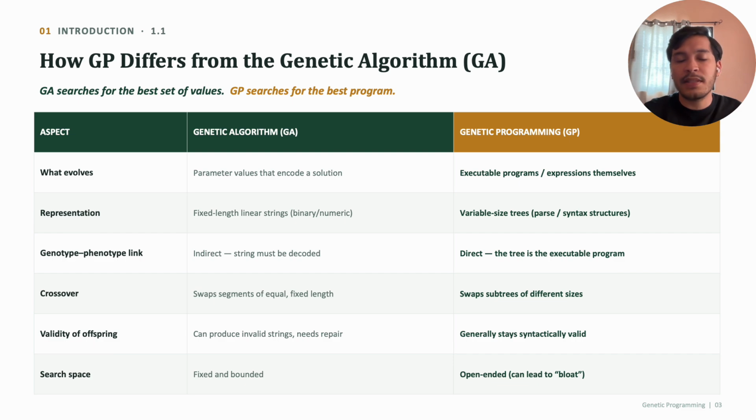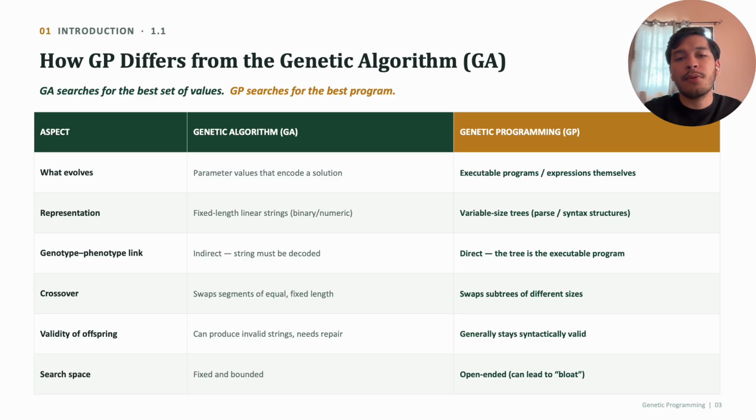GA's crossover swaps equal-length segments, while GP's crossover swaps subtrees of different sizes. A GA can accidentally create an invalid string that needs to be repaired, and GP, because its operator respects its structure, usually stays valid.